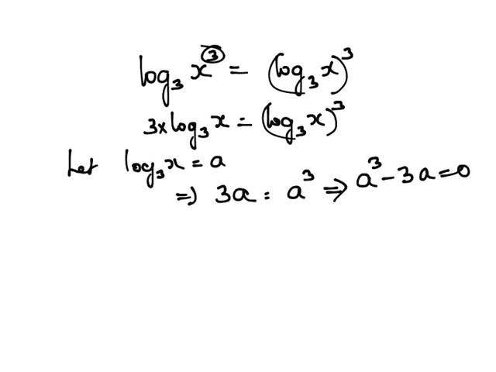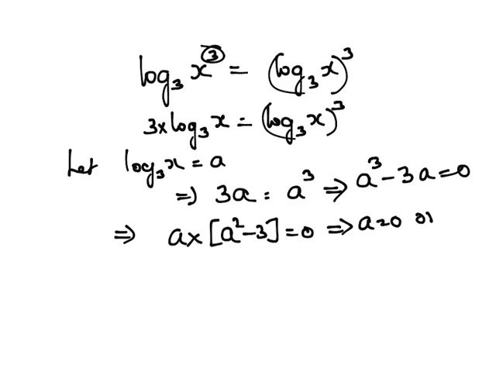So let me take a common. A multiplied with a squared minus 3 equal to 0, which implies either a equal to 0 or a squared equal to 3. Again, which implies either a is 0 or a is root 3 or a is minus root 3.